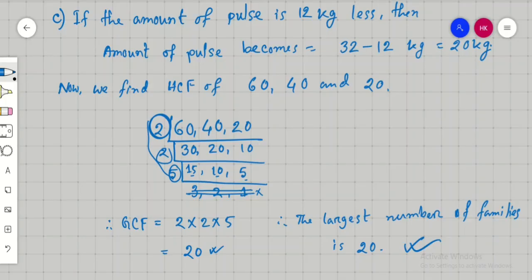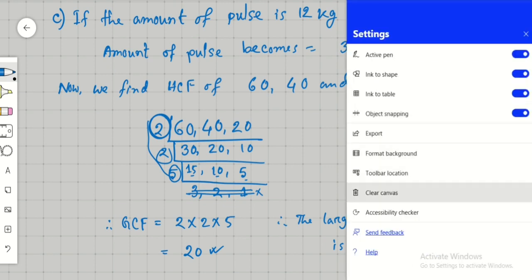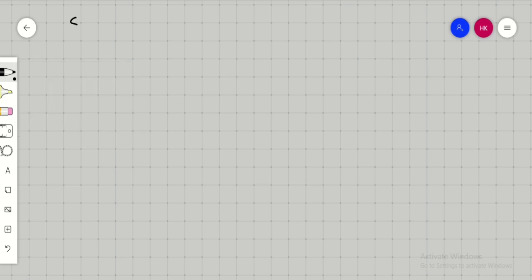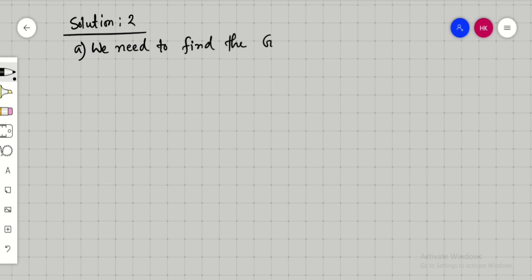That means we can write, we just clear the canvas at first and we use a different color. Solution number 2, A. We need to find the GCF of 24, 42 and 54.